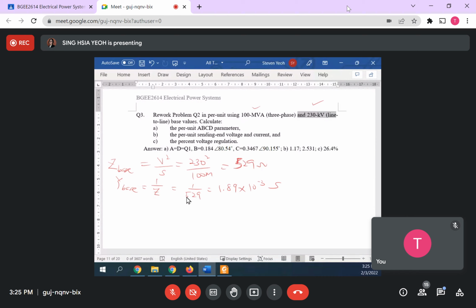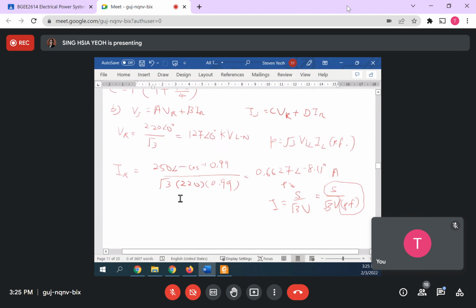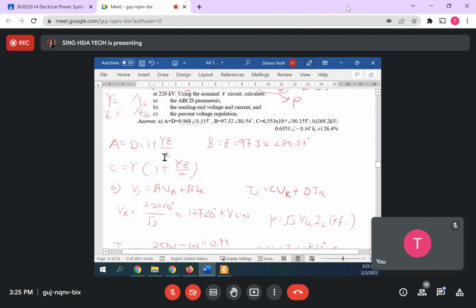Y pu will be y divided by y base. Z pu will be z divided by z base. Then the formula is still the same, just that now you substitute the new z and y values in, so you get the different ABCD.